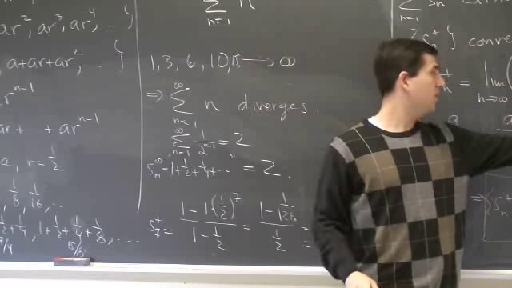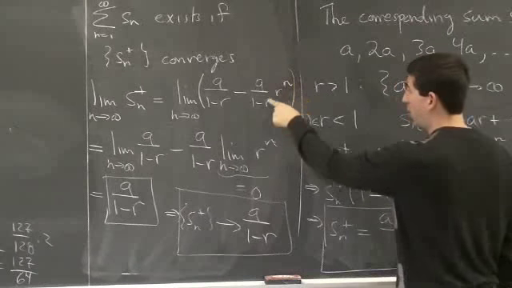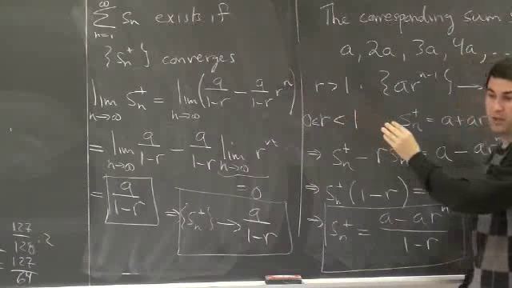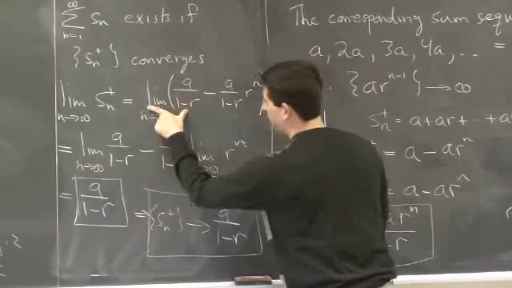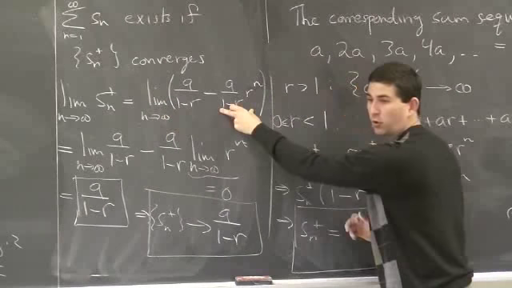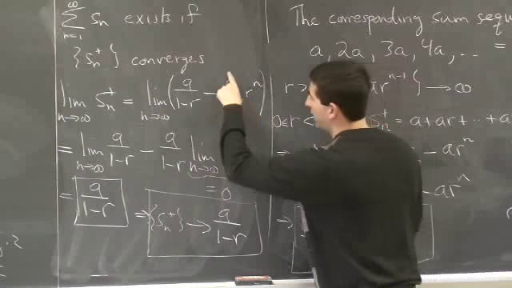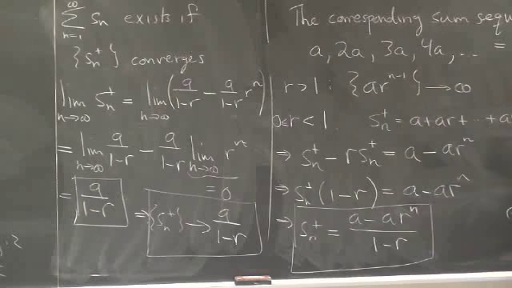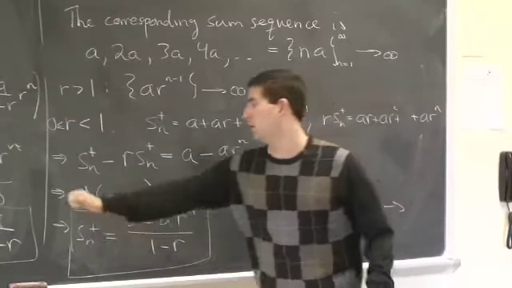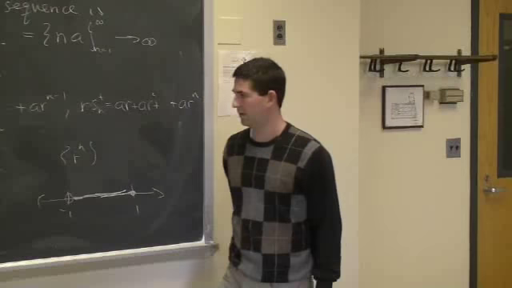This sequence converges because we know when r is less than 1, r to the n converges. That's what we proved last week. So I can break it up. So I just take the limit of the first term minus the limit of the second term. That's what I get here. And I pulled this constant out of this limit. I did that in one step, which I'm also allowed to do because I know that this limit exists.